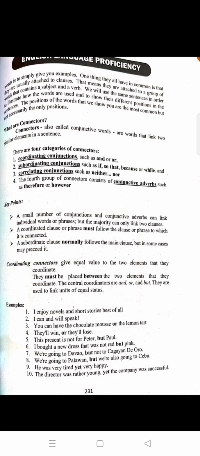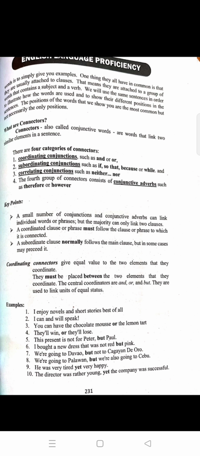One thing they have in common is that they are usually attached to clauses. That means they are attached to a group of words that contain a subject and verb. So what are connectors? Connectors are also called conjunctive words. They link similar elements in a sentence.